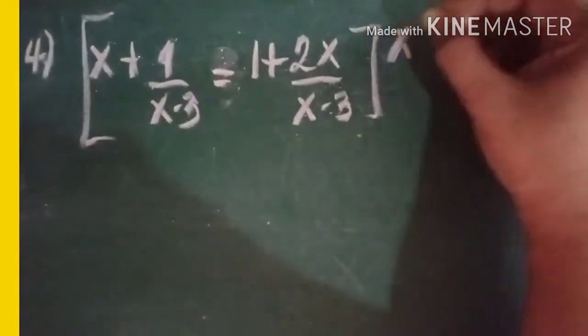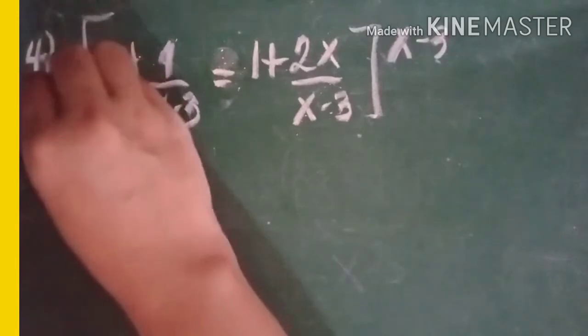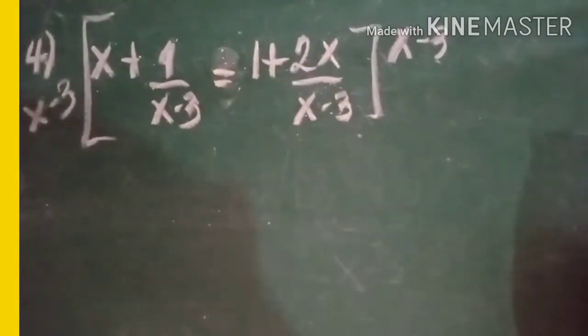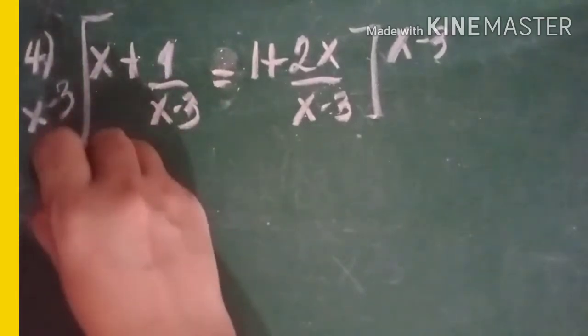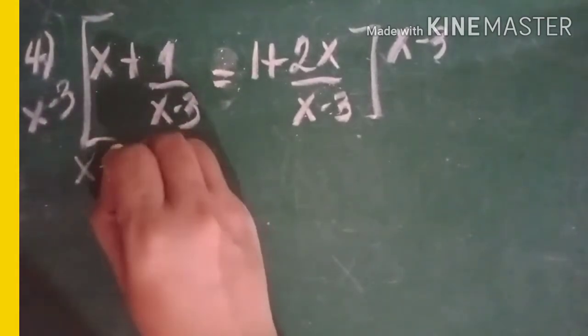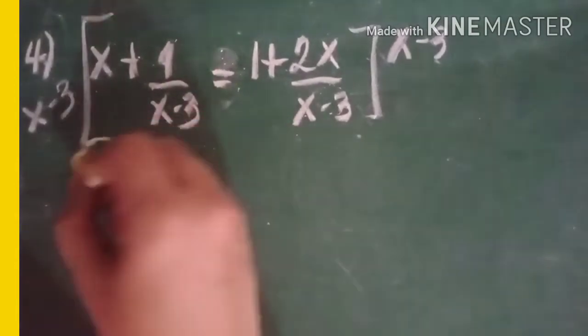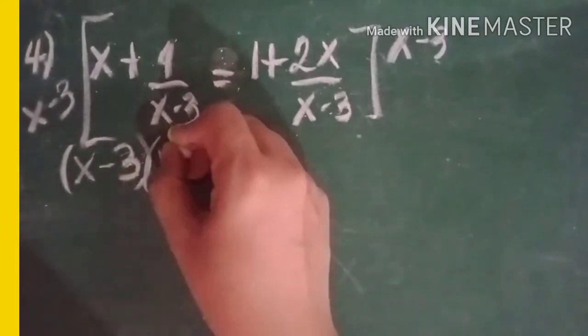Okay. So, kukunin natin ang LCM. Ang LCM natin, which is yung LCD niya is x minus 3 or yung denominator. Okay. So, i-multiply natin yun both left and right side of the equation. Then, ita-times natin yung x minus 3 times sa numerator na x.